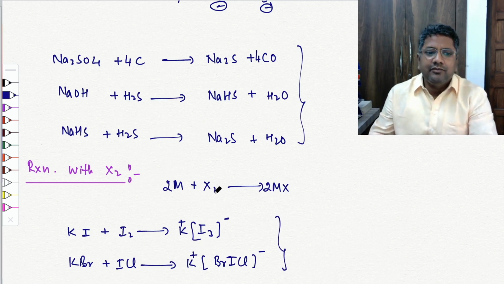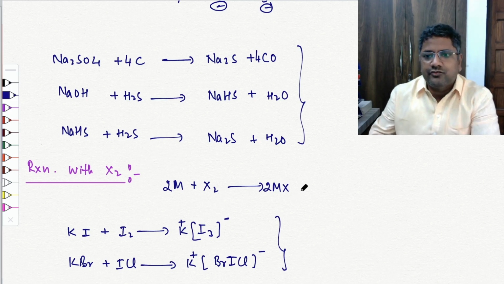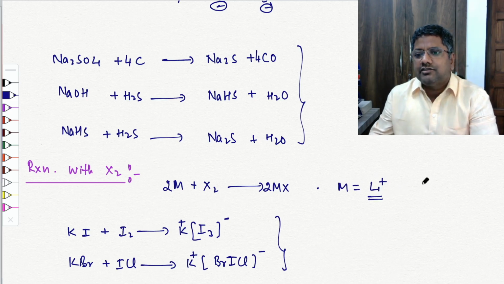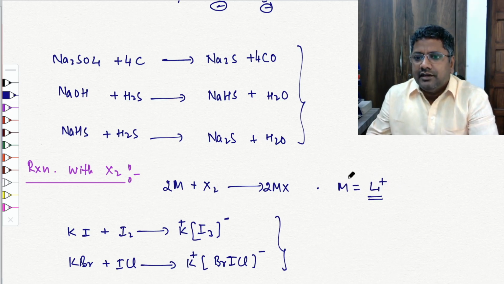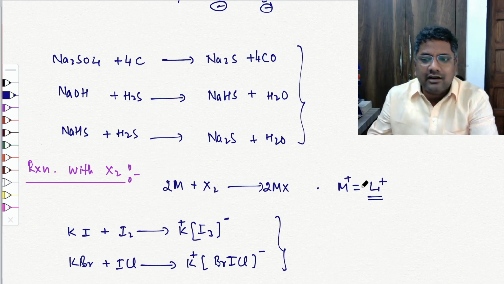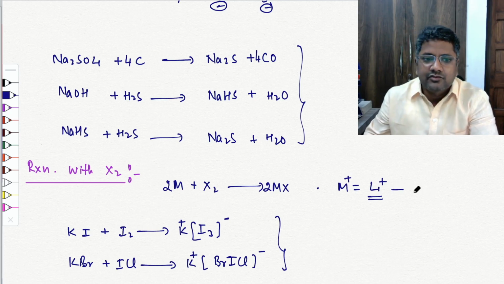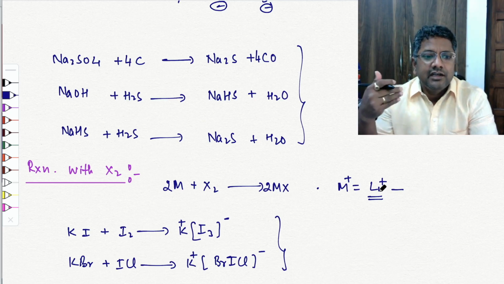So here if you take lithium, which is the smallest size, if M plus is lithium plus, then the salts of lithium are hydrated, right? So lithium salts, they are easily hydrated.